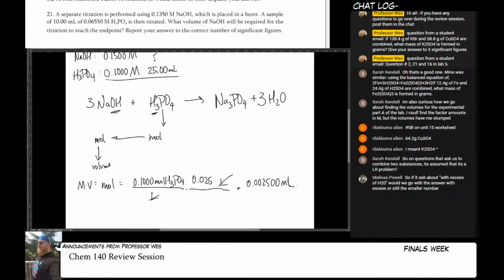There we go. Okay, what am I doing? This is not milliliters. This is supposed to be moles.